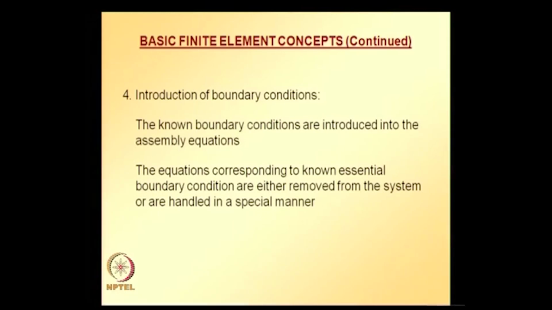When we apply the boundary conditions, we will be using partition of matrices to solve this global equation system. In that process, we may remove some of the equations or handle them in a special manner, which will be clear in a while.